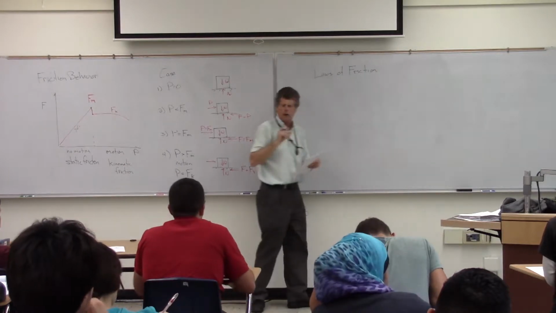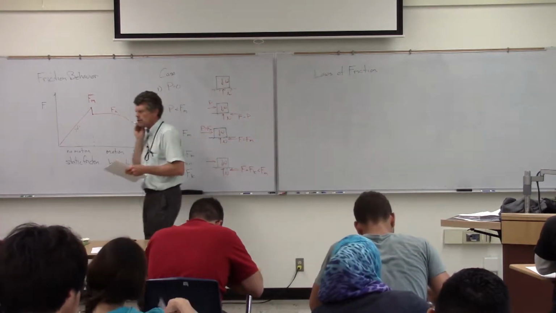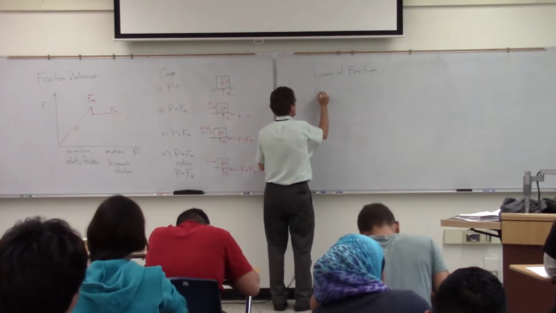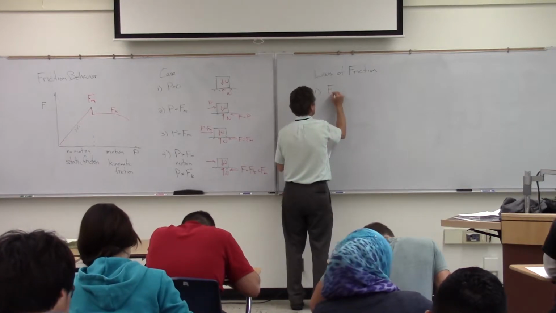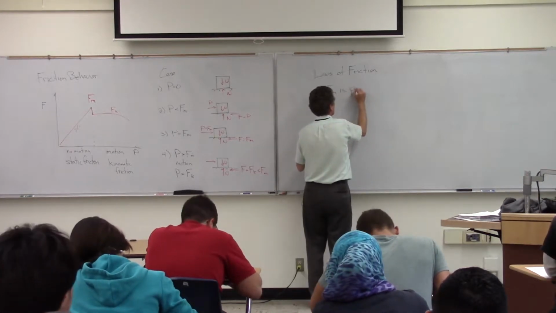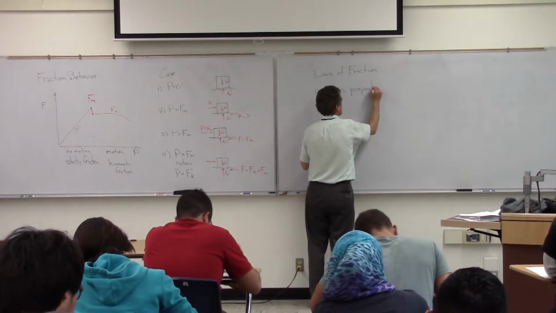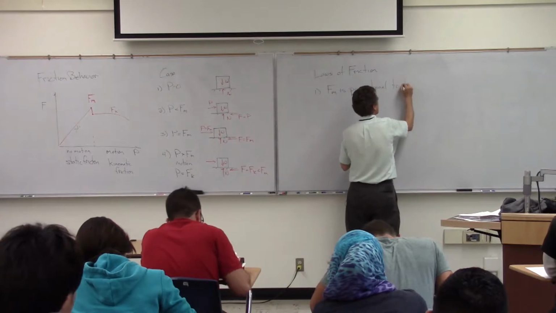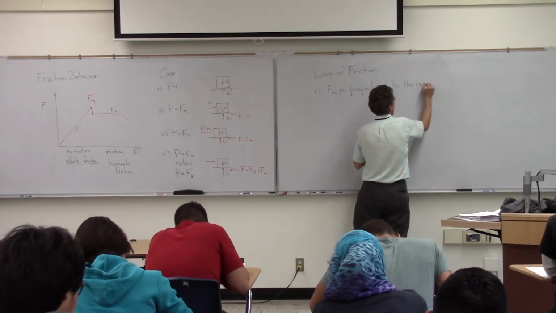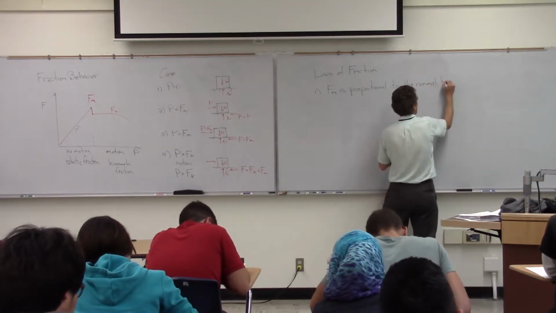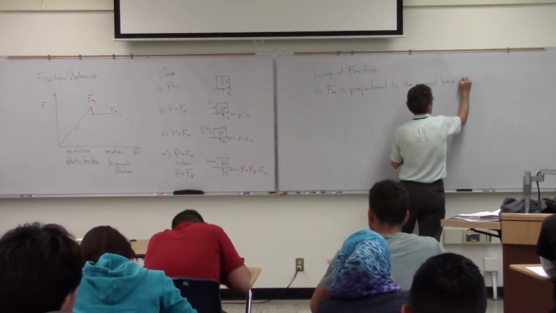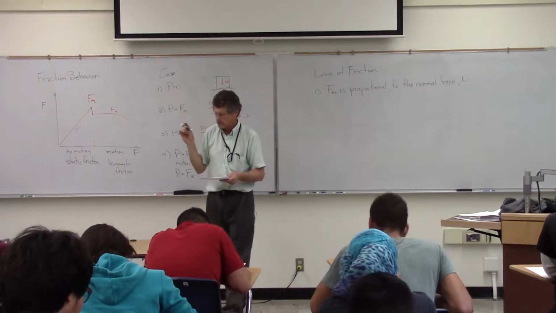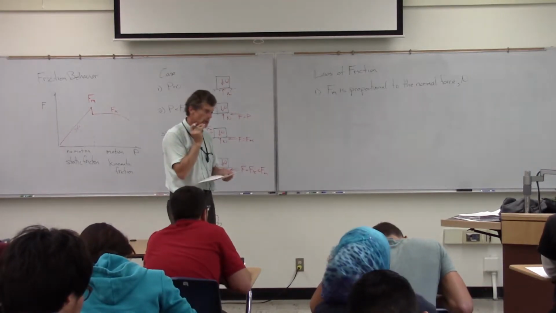Now we've got a couple of laws of friction, and some of them are a bit counterintuitive, so we'll have to think about them a little bit. But the most important one: what we'll find is that this friction force is proportional to the normal force.